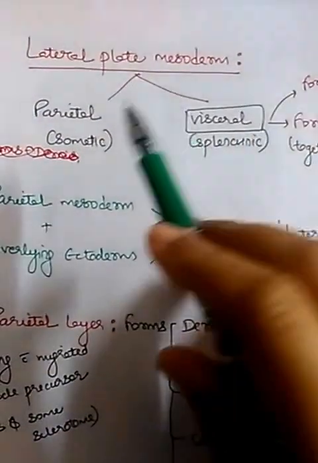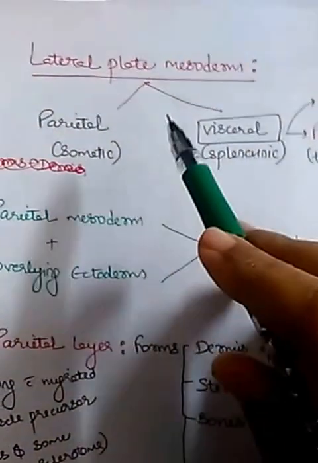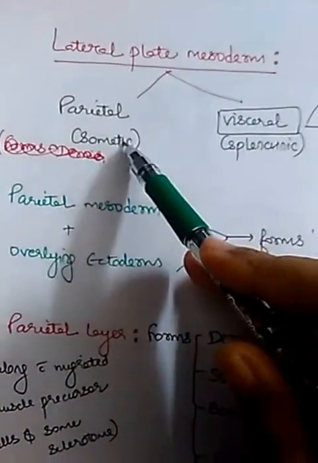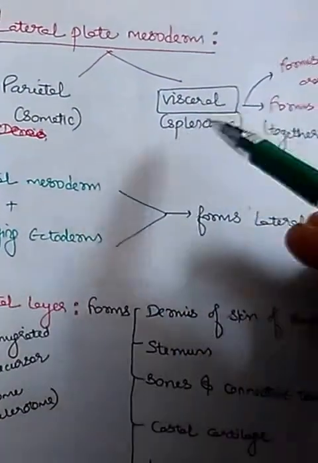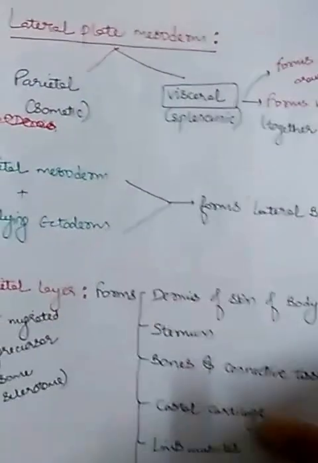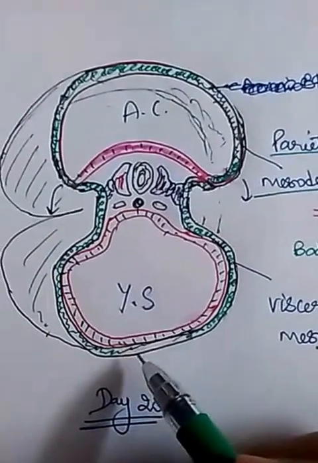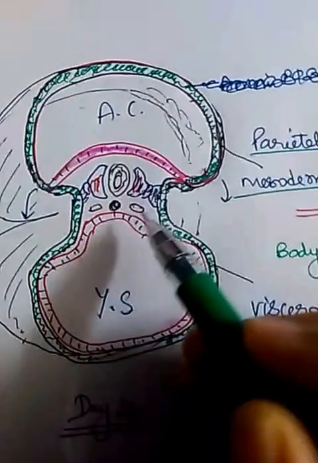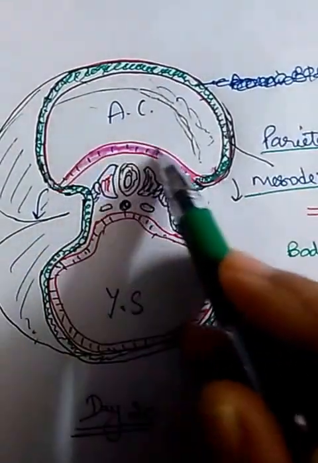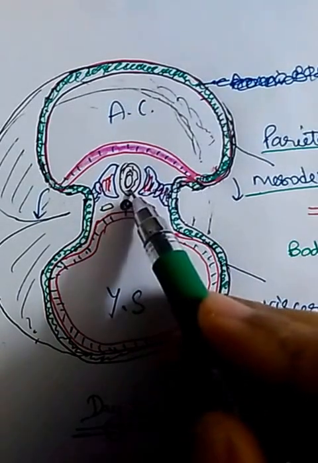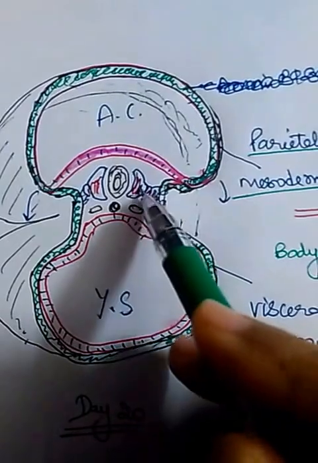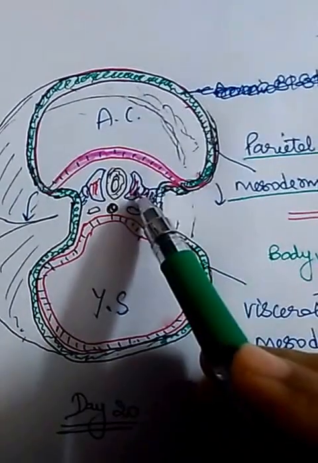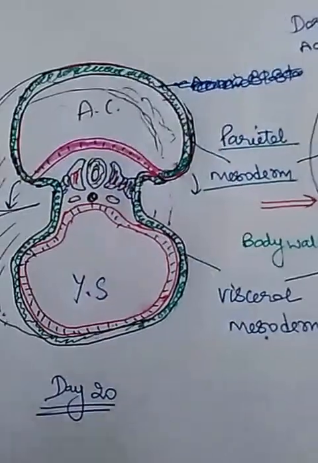This lateral plate mesoderm has two layers or parts: parietal, that is somatic, and visceral, which are separated by the intraembryonic cavity. Now see, we had read this on day 20. This is surface ectoderm, this is neural tube, this is mesoderm, paraxial mesoderm, etc. Right now I'm not discussing somites.